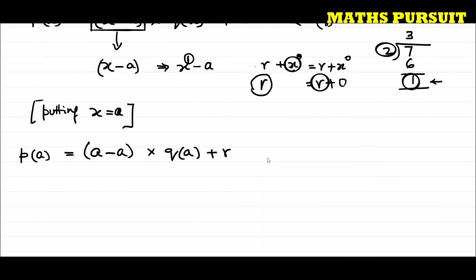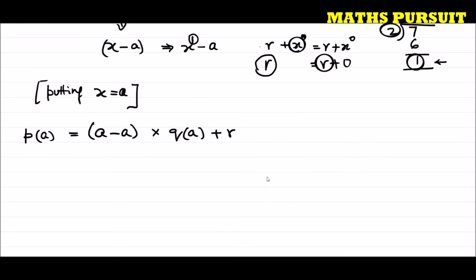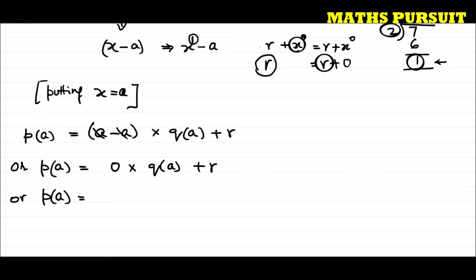So we are assuming x is equal to a, and p(a) is equal to this. a minus a cancels out, we are left with 0 into q(a) plus r, or I can write p(a) is equal to r.